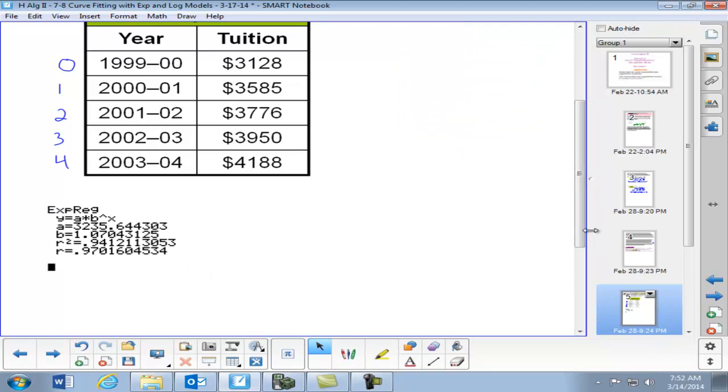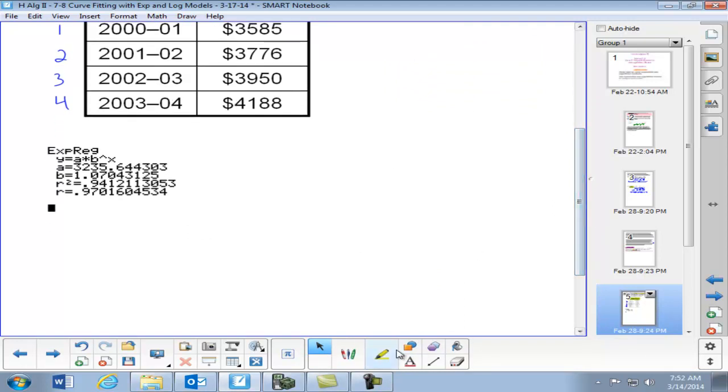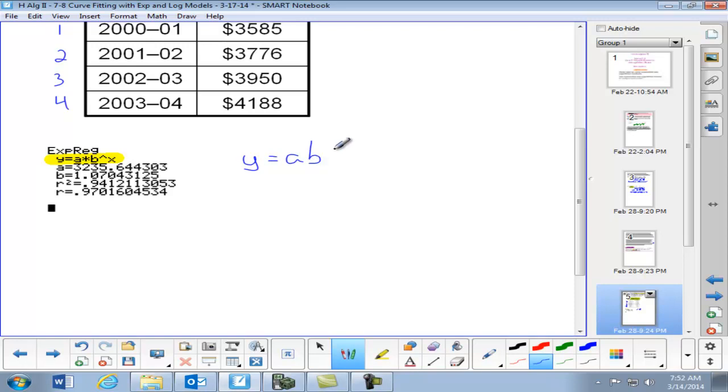Again, if you need time, you have to let us know, and they will pause the video and get you guys caught up. All right, it tells you that the formula is y equals ab to the x. So it's telling you y, or f of x, is equal to ab to the x. There's your formula. And then it gives you a, and it gives you b. So you just plug in.